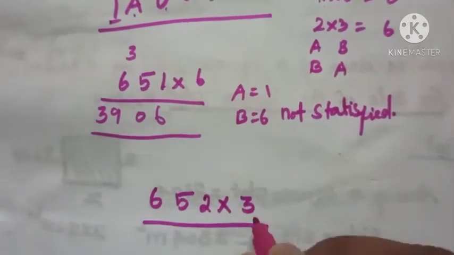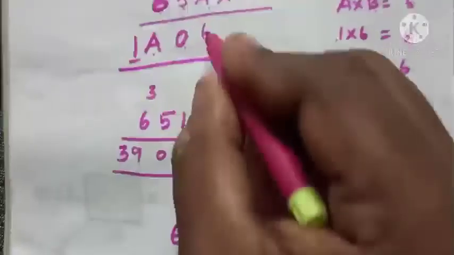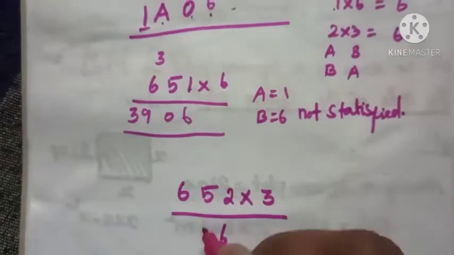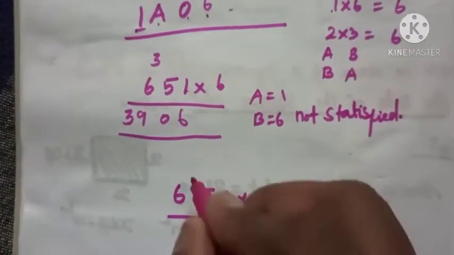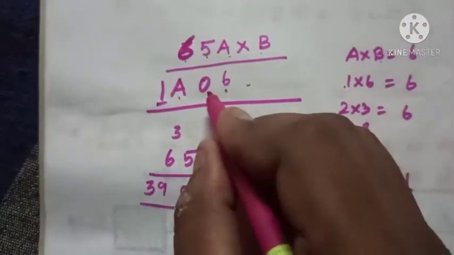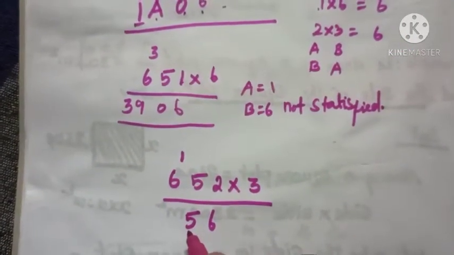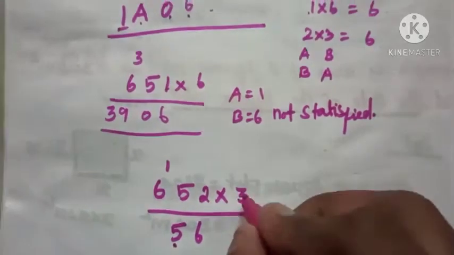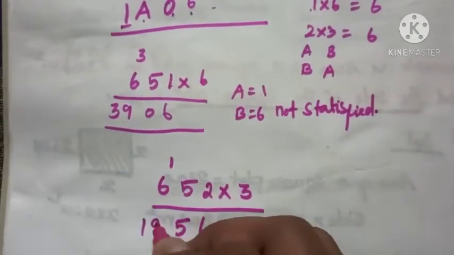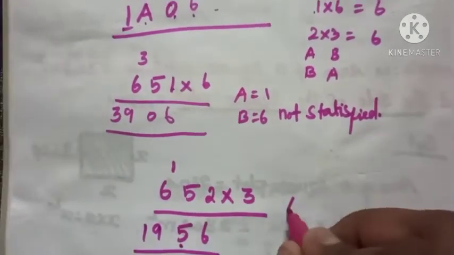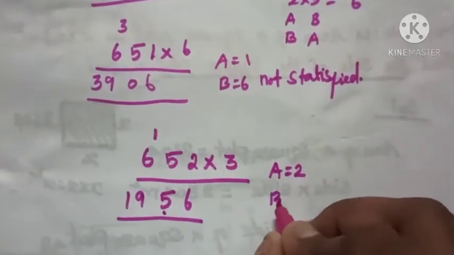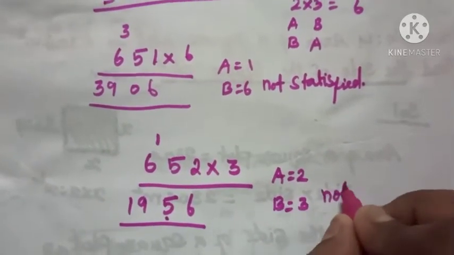I multiply: 3 2s are 6, so we get the same 6. 3 5s are 15, so 5, remaining 1. Here you can see we need a 0 in the tens place, but here it is 5. 6 3s are 18 plus 1 is 19. So a equal to 2, b equal to 3 is not satisfied.